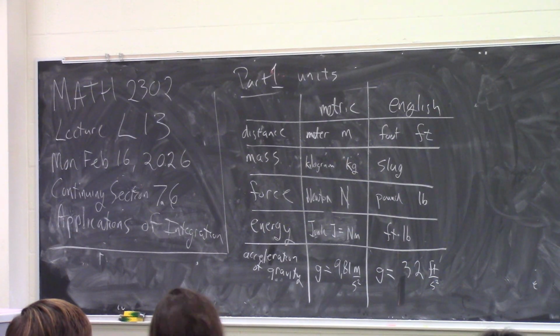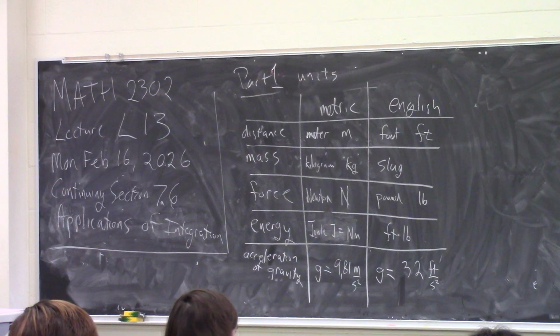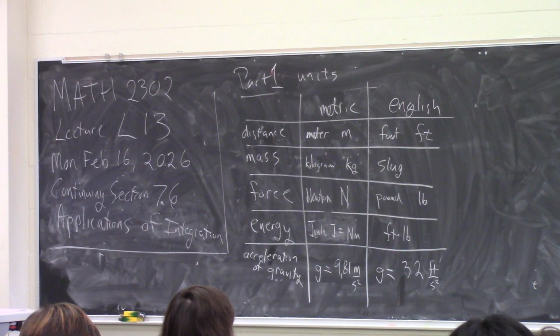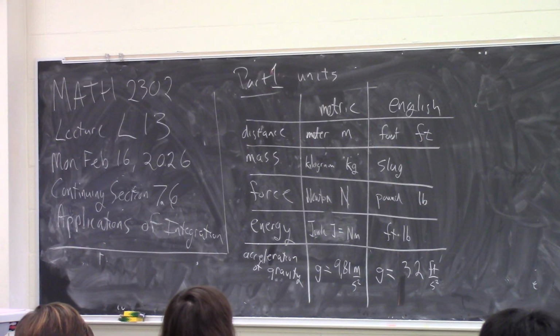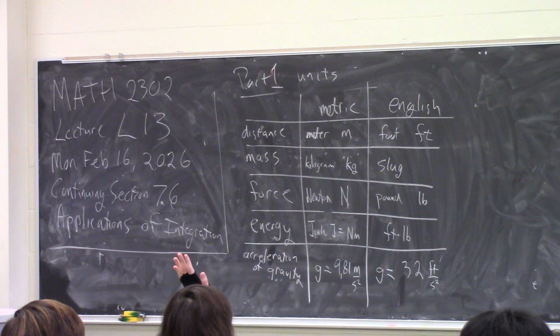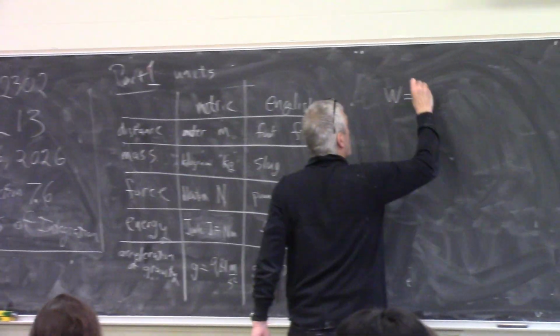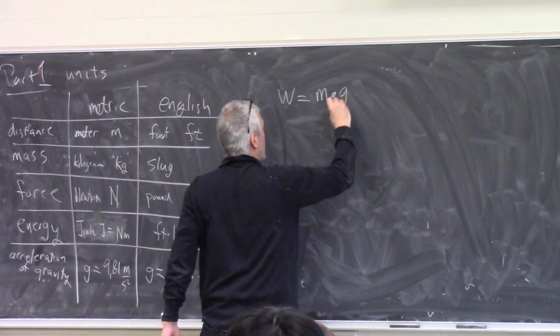Anybody ever lift weights? Yeah, okay. So what if there's a disc in the weight room that's labeled 100 kilograms? What does that weigh? Marcy? 980 newtons. Right. So the weight is whatever the mass is times the acceleration of gravity.